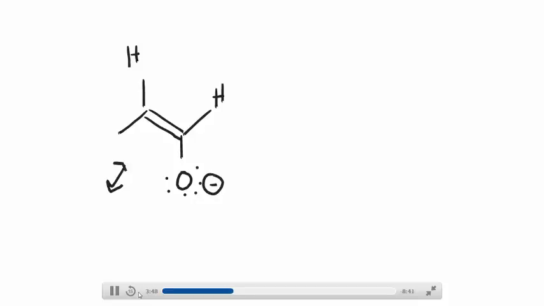Well, at this point you would have two different bases in solution. You have the enolate, and again I'm going to draw that in the two different forms. This is again the predominant resonance structure.